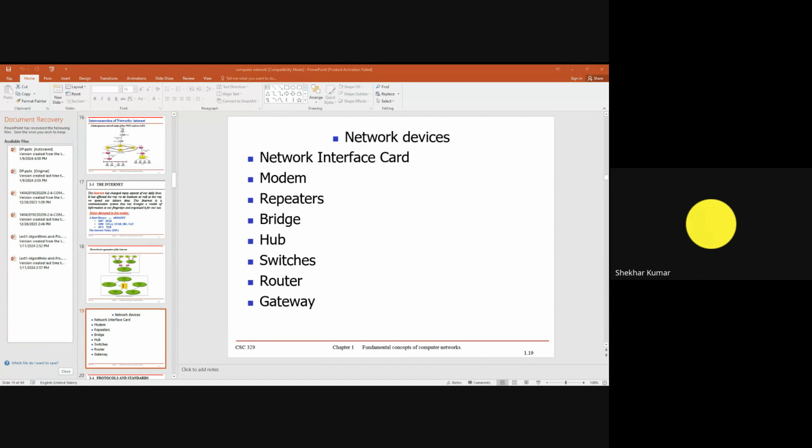The next network device is called a hub. A hub connects multiple computer networking devices. Suppose you want to connect 10 computers in a lab through the network, then you also use a hub. A hub does not perform any modification or filtering on the data.